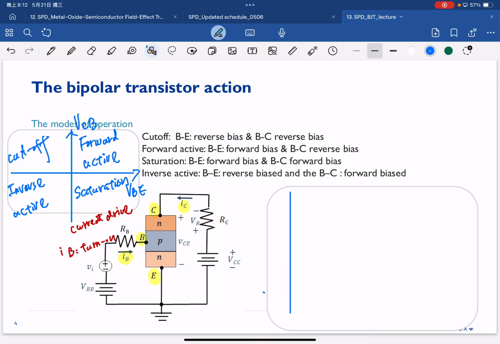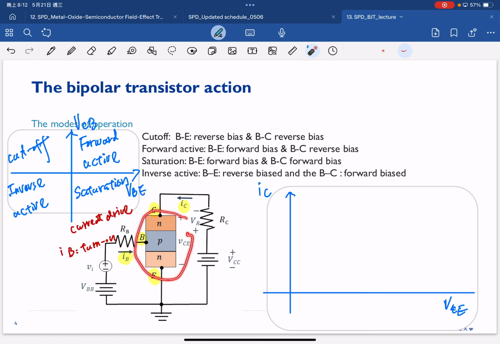So that means for the output IV characteristic, what we are interested in is the collector current versus VCE. And it is actually very similar to the MOSFET, because in the MOSFET what we care about is ID versus VD. If you look at this as a MOSFET, where is the D? This is D. Where is the ID? This is ID. Now for the BJT, this is IC, and we consider the VCE here.